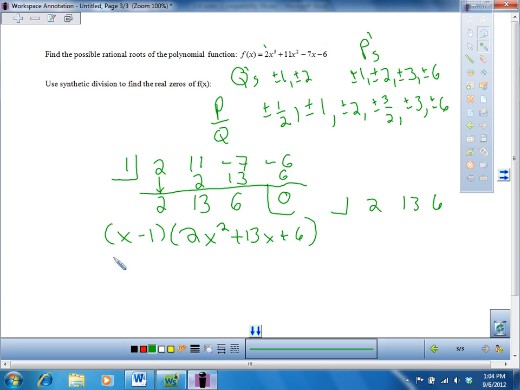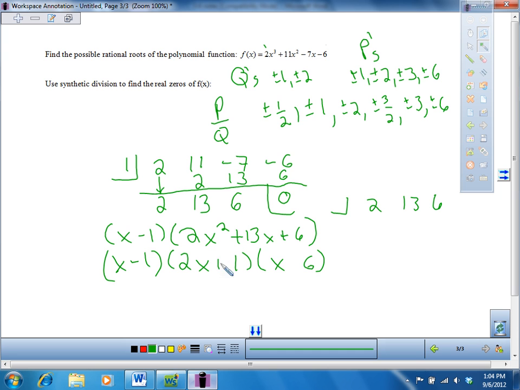So this x minus 1, I happen to know since I'm good at algebra, and I used to be good, 2x plus something and x times something. What has to go here? 6 and 1, right?